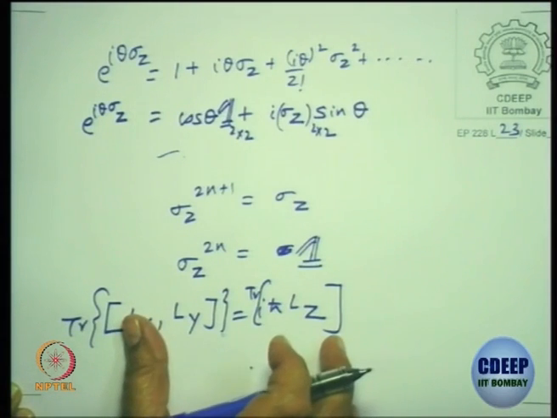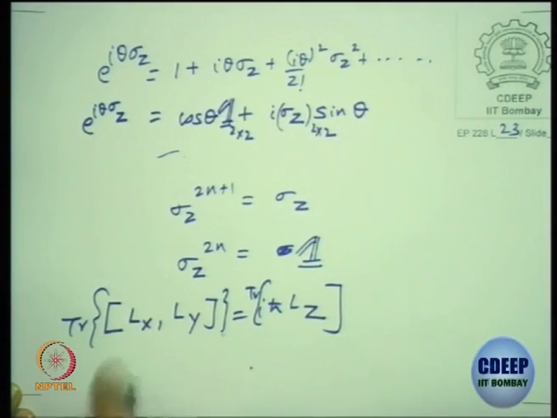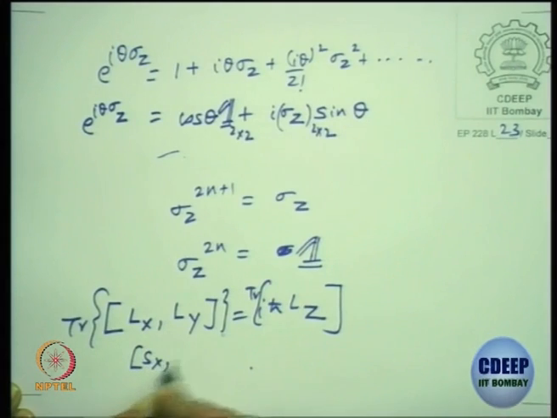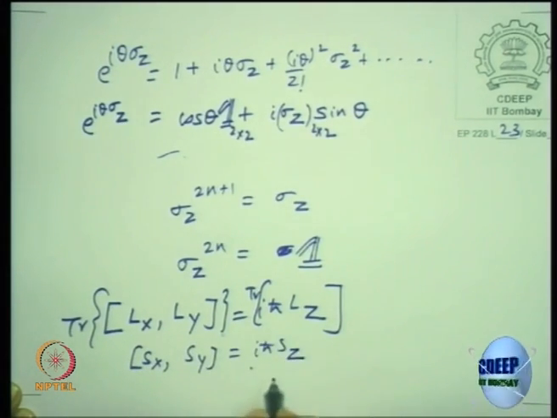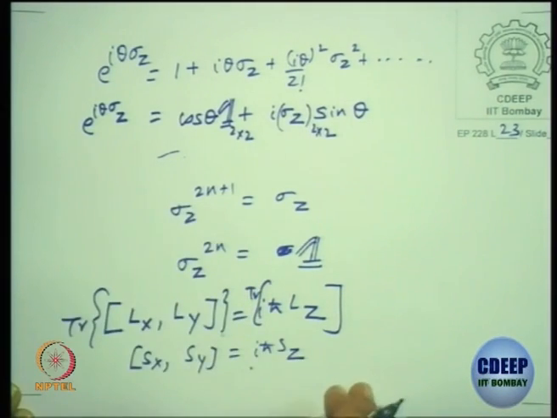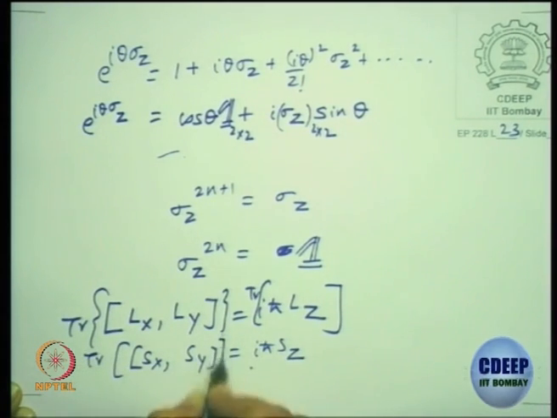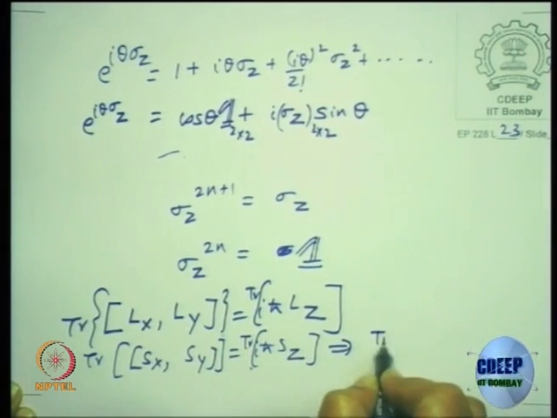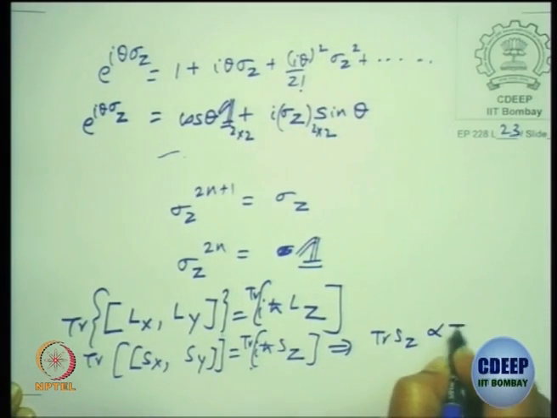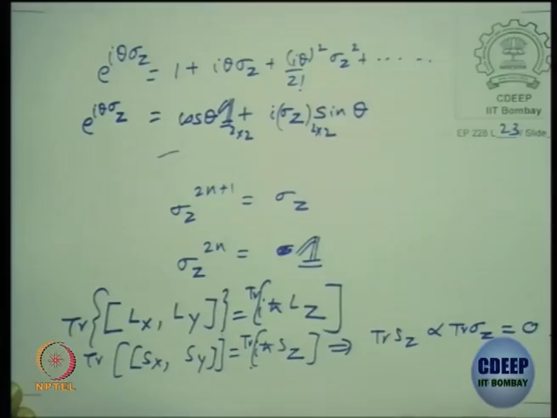Whatever I did for orbital angular momentum, the claim is it should be true for spin angular momentum. And sigma z is proportional to Sz, right? So if I take a trace here and a trace here, it implies trace of Sz, which is proportional to trace of sigma z, has to be 0.